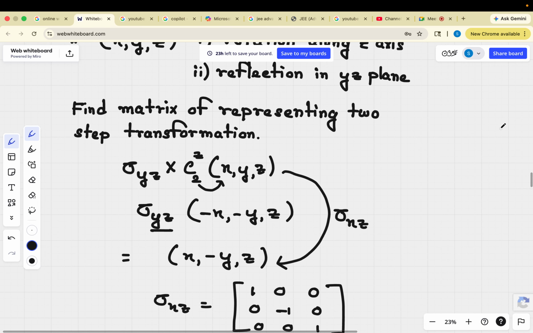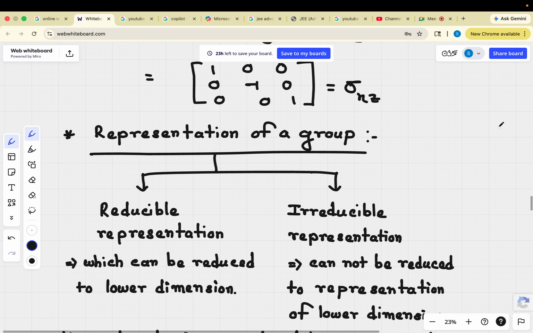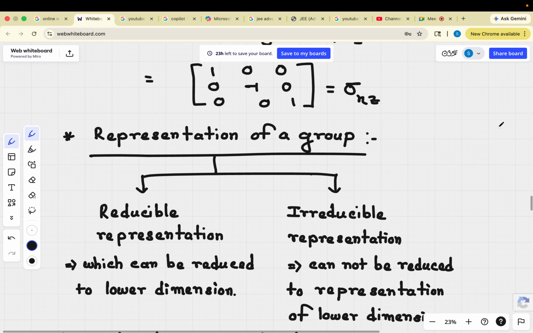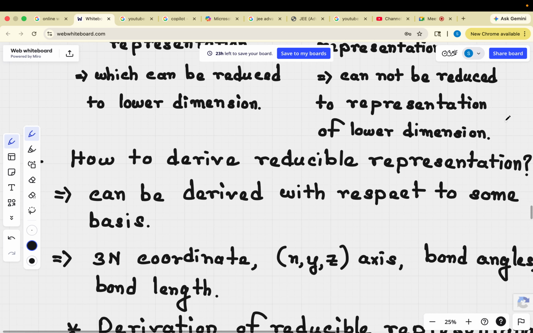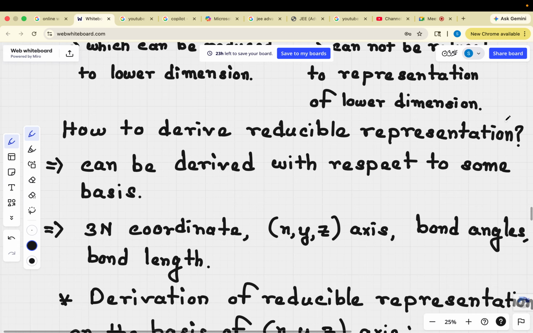Next you have this representation of a group. We have two types of representation, reducible representation and irreducible representation. How to find out the reducible representation? We have to take help from some basis. What bases can we use? We can use 3n coordinate system, xyz axis, bond angles, bond lengths.